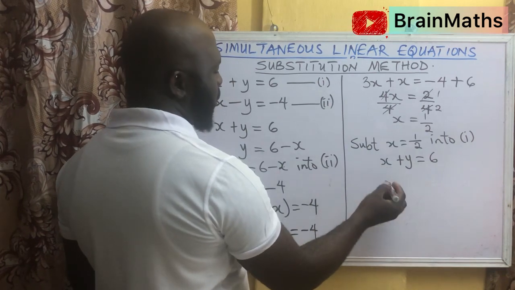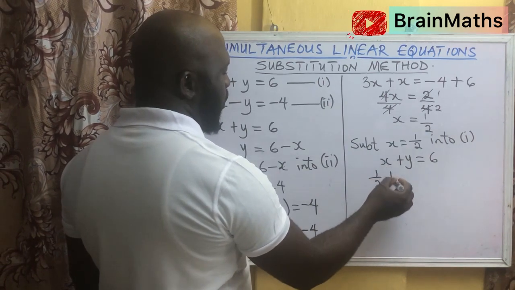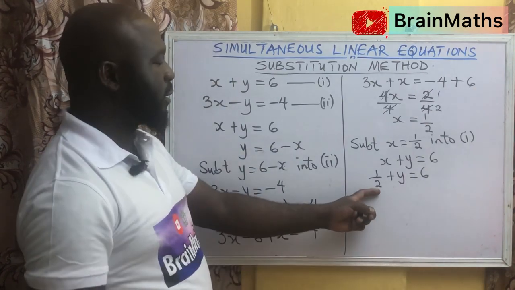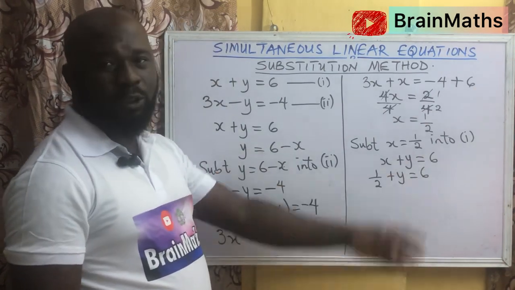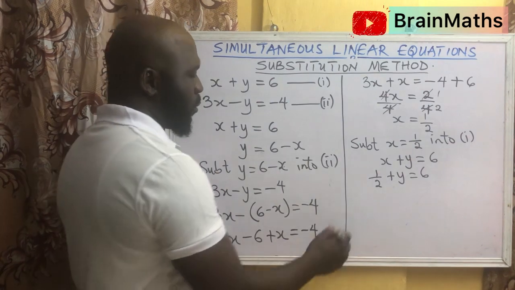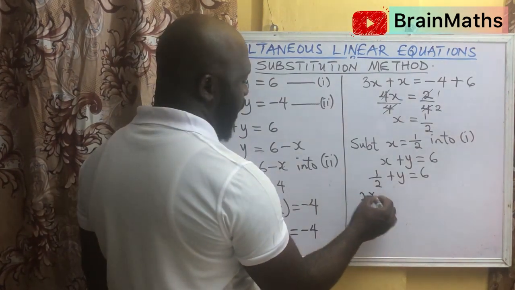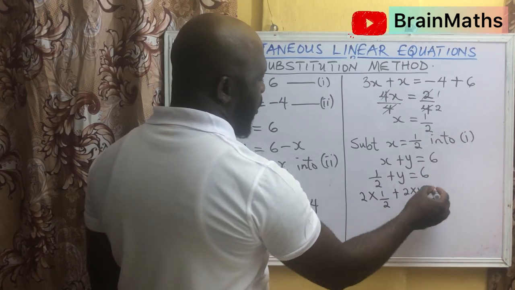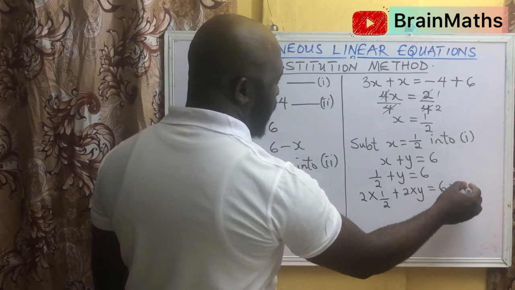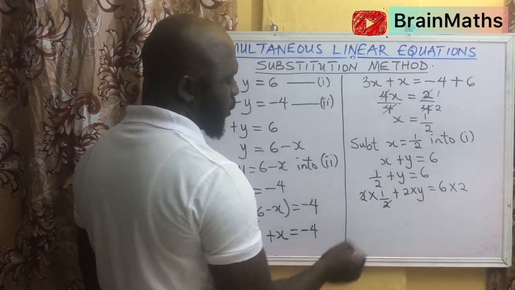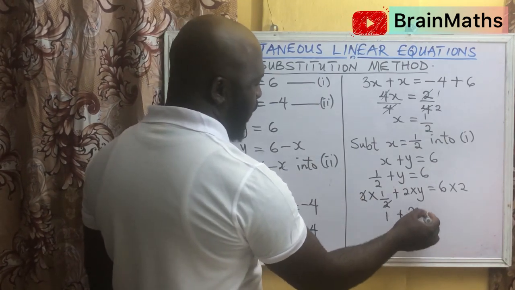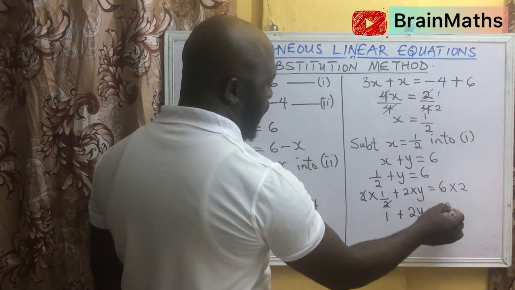And our x is 1 over 2 plus y equals 6. In order to eliminate the fraction, we multiply through by 2. So we have 2 times 1 over 2 plus 2 times y equals 6 times 2. These two cancel out each other. So we have 1 plus 2y equals 12.